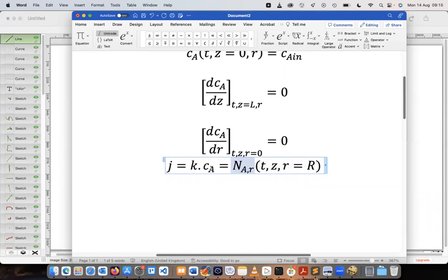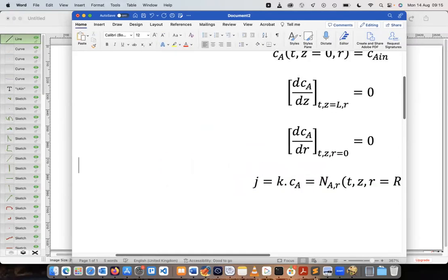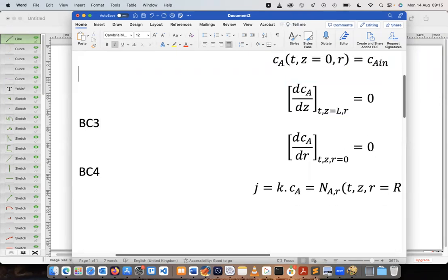And in this case, I think this is the case of equimolar counter diffusion. So just wanting to separate these a bit. This is boundary condition 4. This is boundary condition 3, and this one was 2.